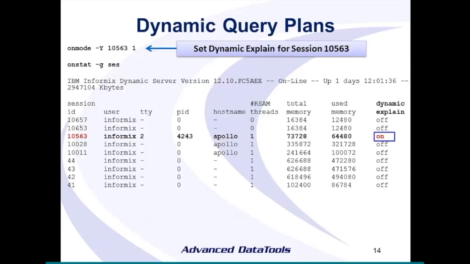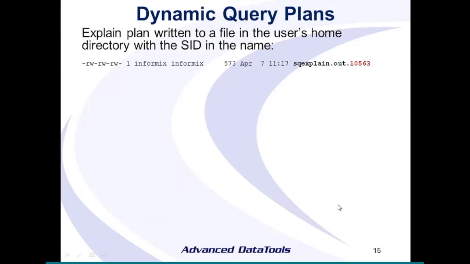So once we set the onmode -Y, the dynamic explain, we'll see that listed if you just run onstat -g ses or onstat -g sql. It will show that a particular session has dynamic explain set. So if you're using the dynamic explain, an explain file will be written out to the user's home directory, and it'll have the session ID as part of the name.